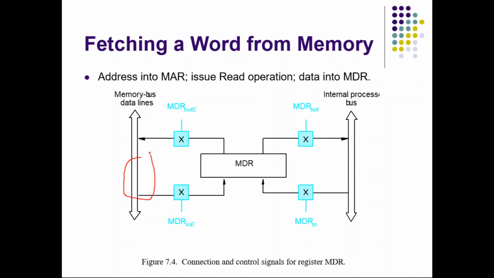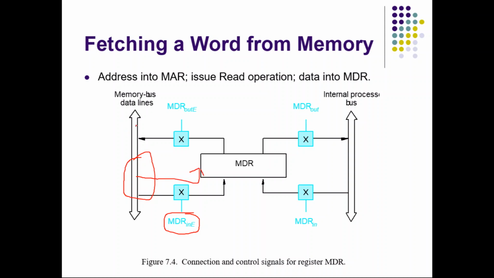Then it should be moved to MDR. For moving, you have to activate MDR in E. Only if you activate MDR in E will the data be moved from the data bus to MDR.